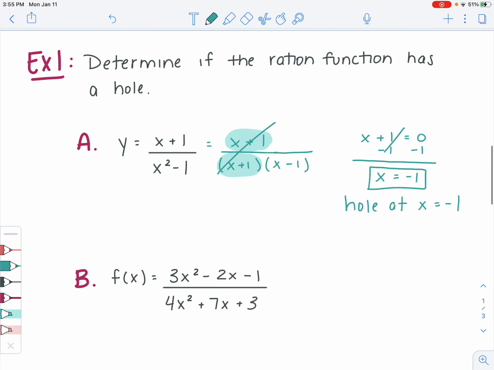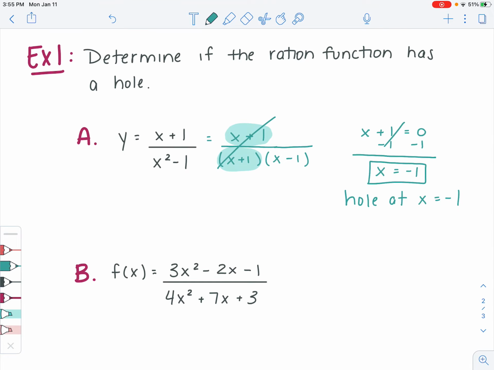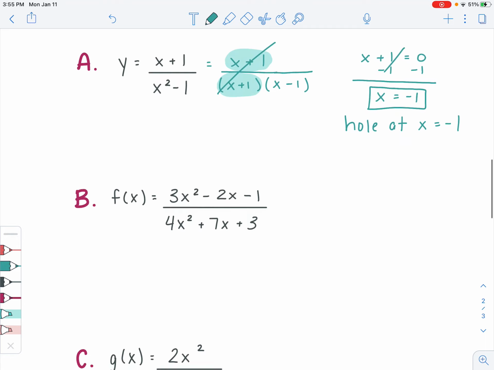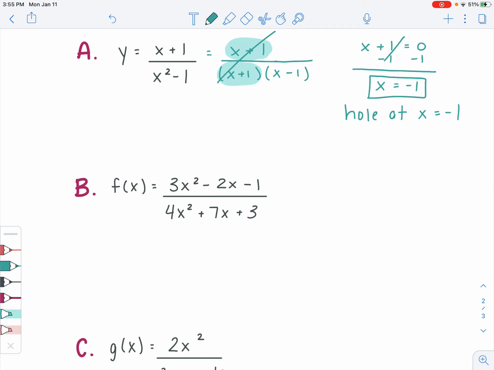I do the same thing for the next one. I'm going to factor it, set any removed factors equal to 0, and then solve for x. So when I go to factor this next rational function, I notice right away I have 3x squared minus 2x minus 1. I have a trinomial where my a is bigger than 1, so I've got to use my bottoms up method. I say, okay, 3 times -1 gives me -3.